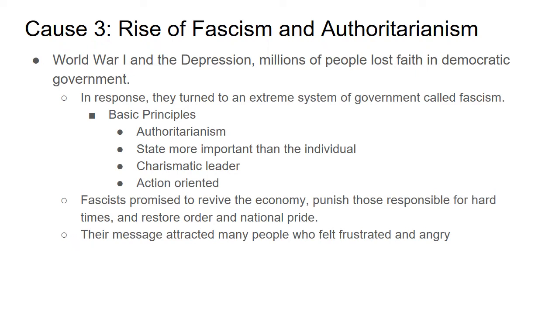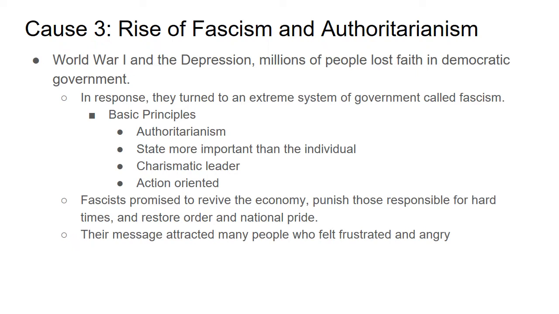They're usually pretty traditional and conservative. Fascists were promising to revive the country, to punish those who are responsible for hard times, whether those are foreigners or some sort of group within the country who are viewed as outsiders, minorities, and also to restore order and to increase national pride.